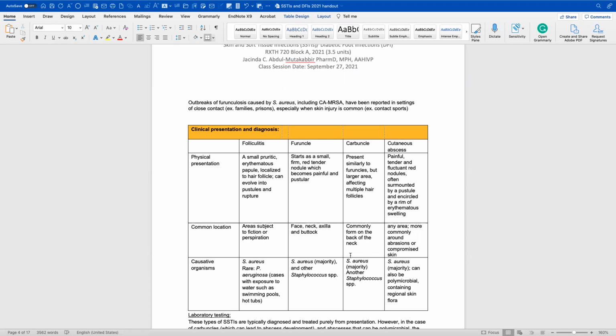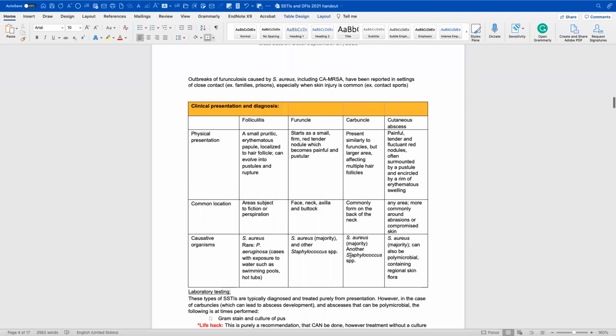These commonly form on the back or on the neck. Once again, Staph aureus is our prominent organism here. You can also have a cutaneous abscess, with painful, tender nodules. And once again, a common location can be around abrasions or compromised skin. And Staph aureus is a common causative organism here.